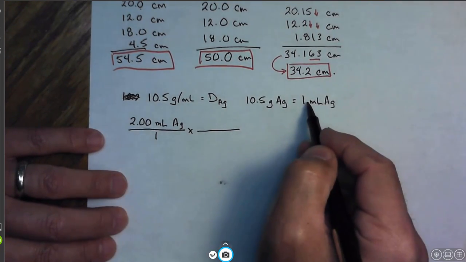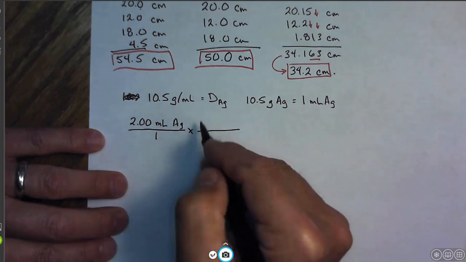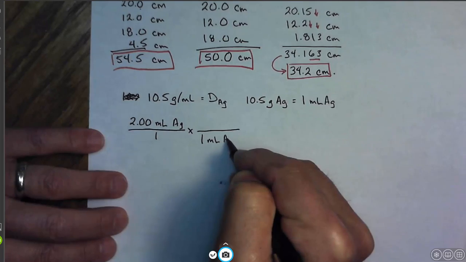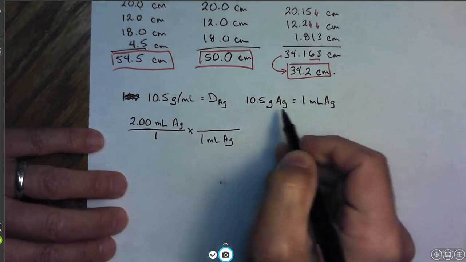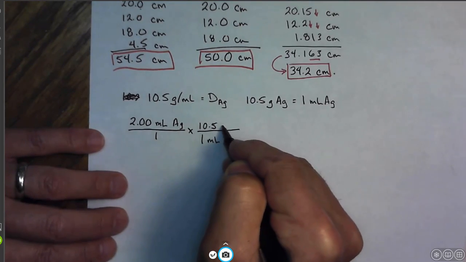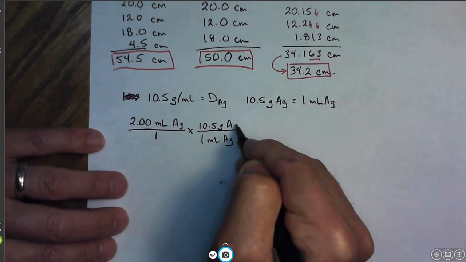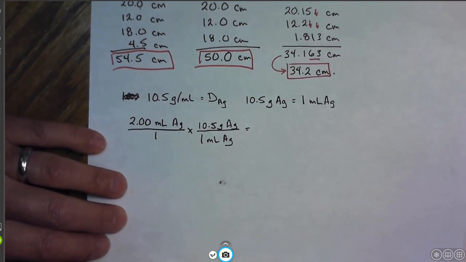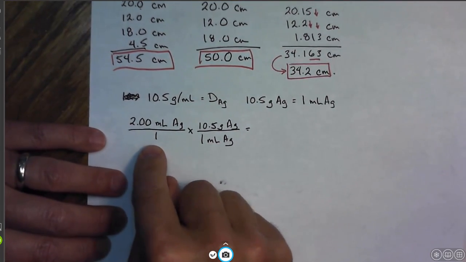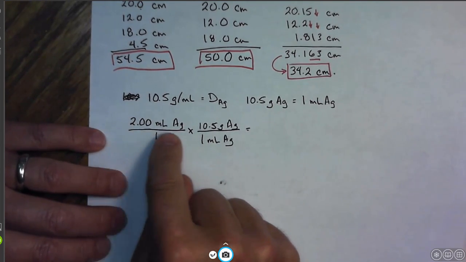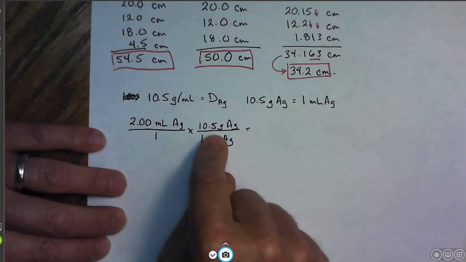So I'm going to put this on the bottom, 1 milliliter of silver. And the other side goes on the top, 10.5 grams of silver. And we're going to do the math. Multiplying by 1 across the bottom just gives me the same thing, so all I really need to do is multiply what's on the top. Okay?